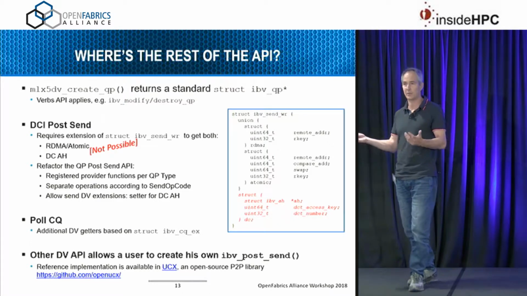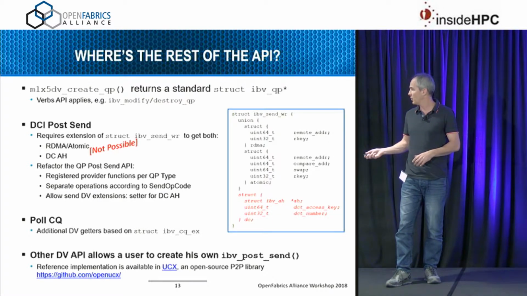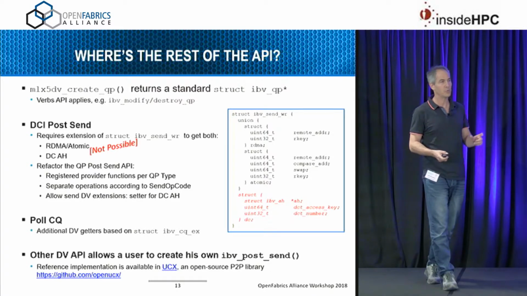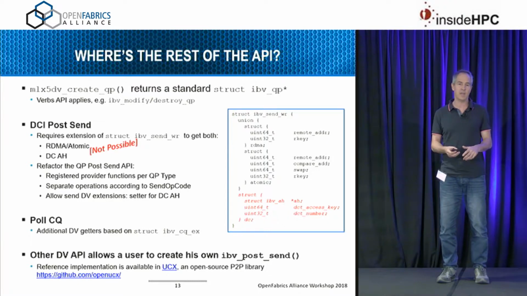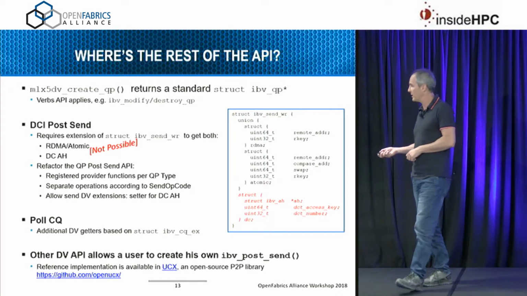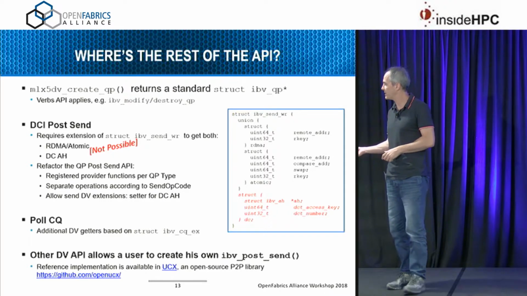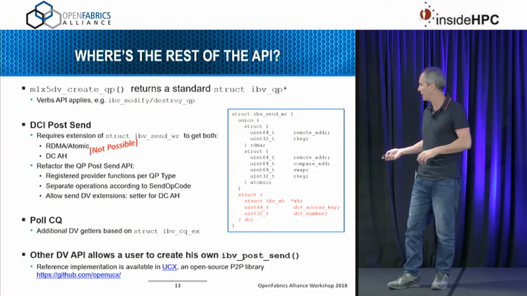Post-receive is actually a standard post-receive, but post-send and PollCQ are different. UCX uses the direct hardware binding to the data path and implements it specifically. First of all, it's a little bit more efficient, but there's no API yet to do this through verbs. If anybody's interested in seeing some of this, hidden below, DC post-send lookalike, there's an example.